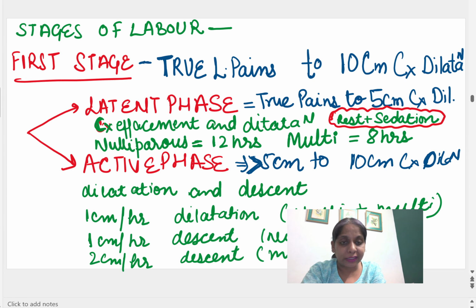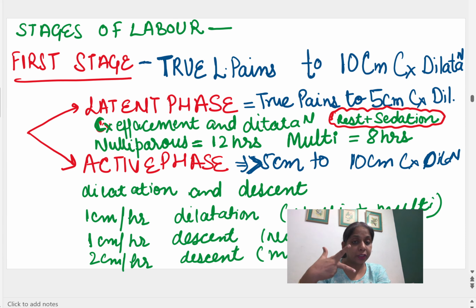Thik hai, 4 ka table hai yahan pe. Once again, what is the first stage? From true labor pain up till the cervix dilates to 10 centimeter. The cervix is closed like this, up till the cervix dilates like this, 10 centimeter. This is the first stage, and it starts from the true labor pains.